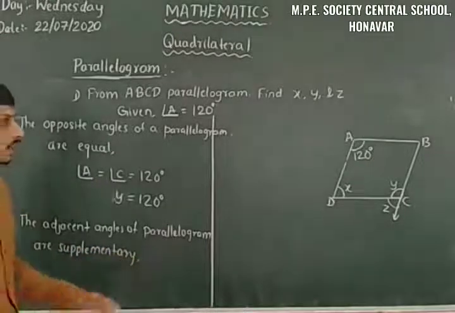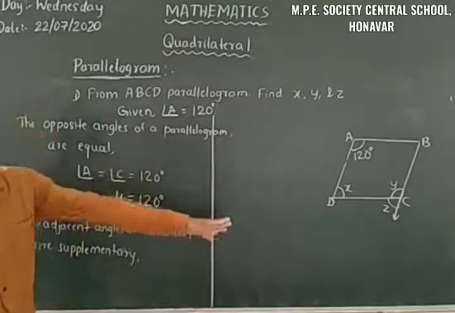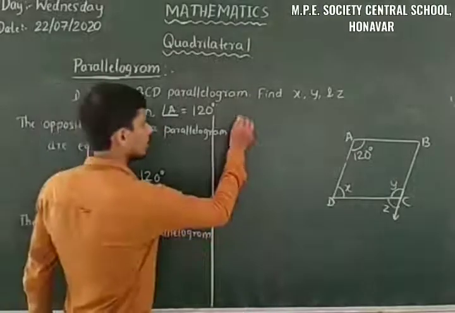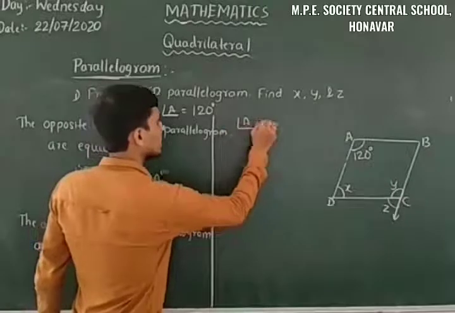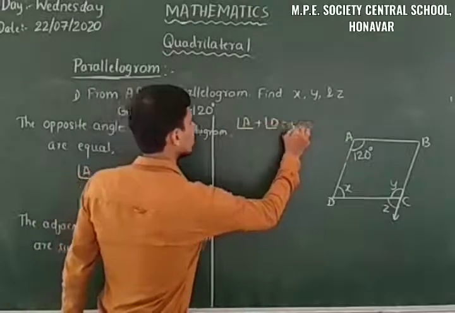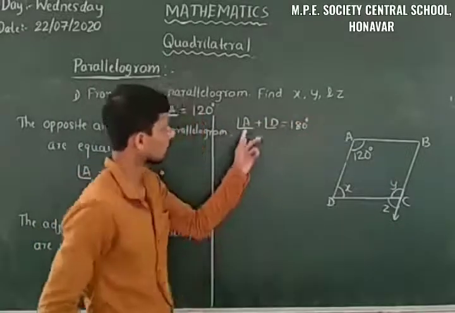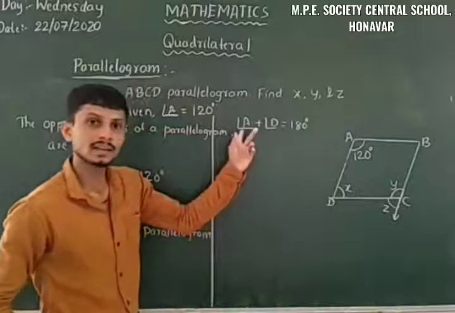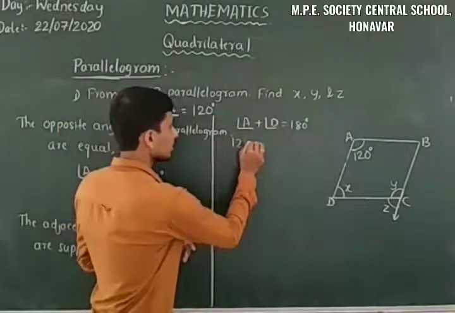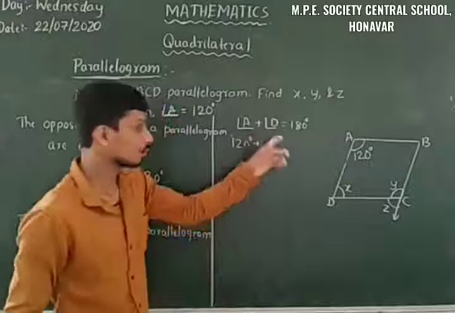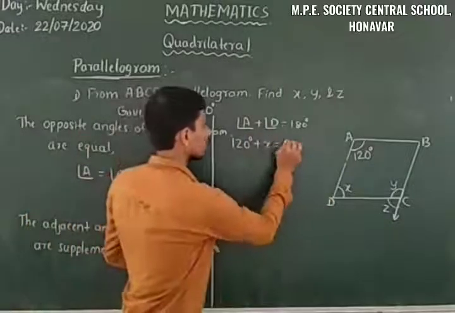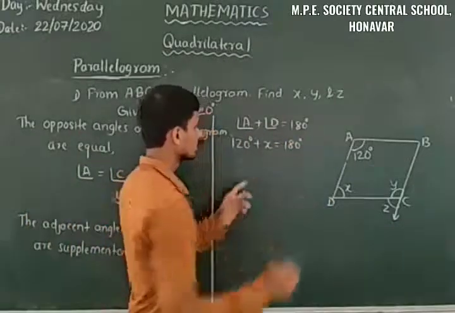So how can we write that? Angle A plus angle D is equal to 180 degrees. We know that angle A is equal to 120 degrees, and angle D is x, so 120 degrees plus x is equal to 180 degrees.